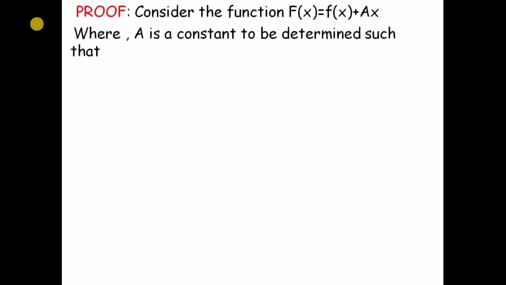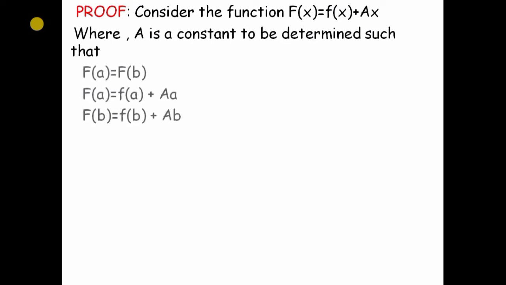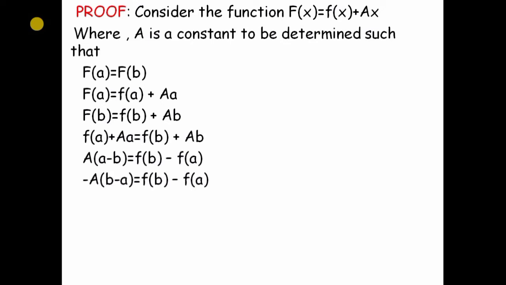Now let's begin with the proof of Lagrange's mean value theorem, and further we will discuss some numerical problems. Consider the function phi of x equal to f of x plus A x, where A is a constant to be determined such that phi of a equals phi of b. Then phi of a equals f of a plus A a, where A is a constant, and phi of b equals f of b plus A b.